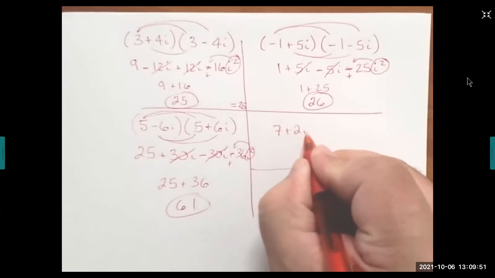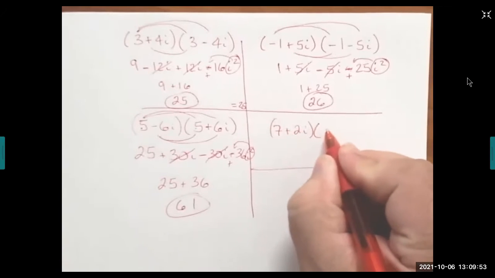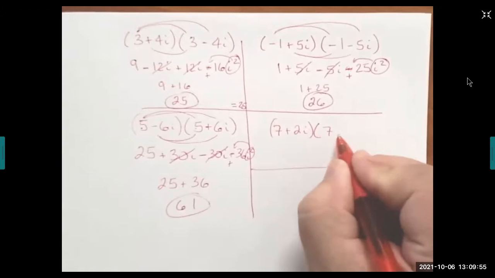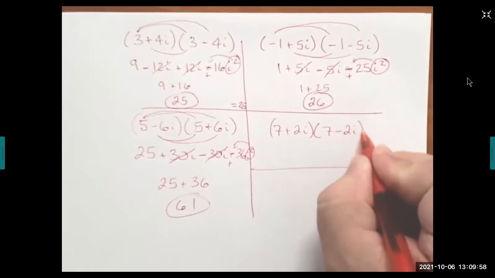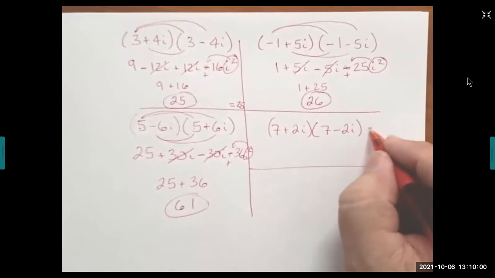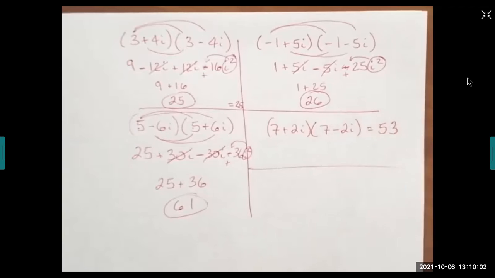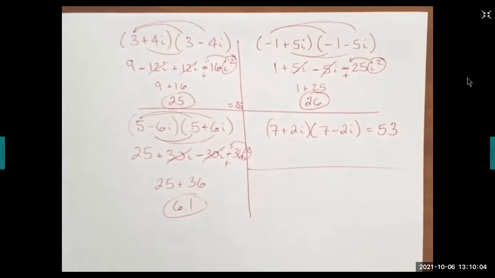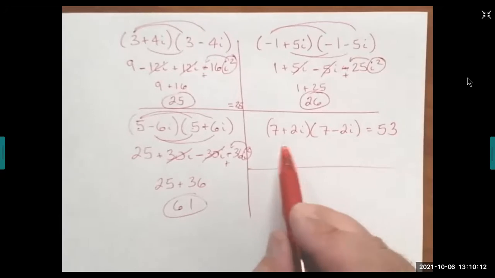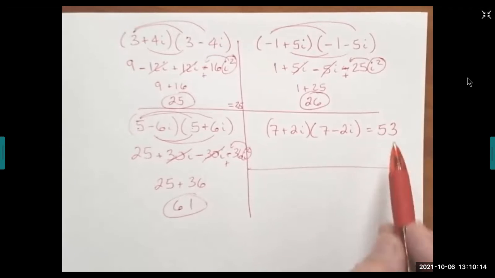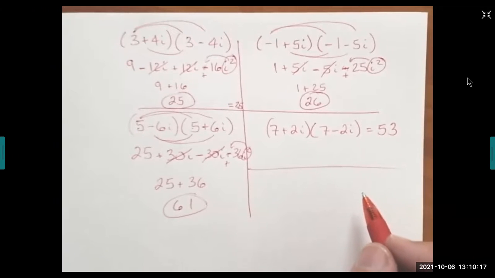Now, let's do those without writing anything else down. Yeah, so 7 plus 2i, 7 minus 2i, the answer is going to be 53.